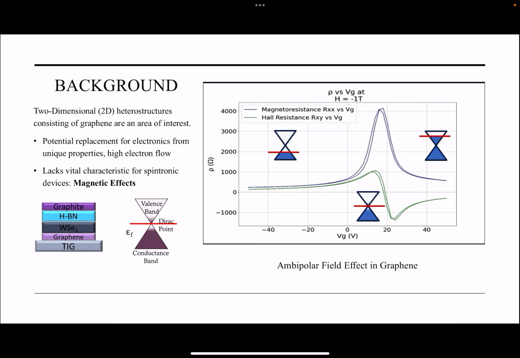But one issue that has always been an issue is that graphene does lack magnetic effects needed for these field effect transistors or quantum computation, and we aim to solve this by combining it with other materials in a Lego-like manner, as we can see in the bottom left.